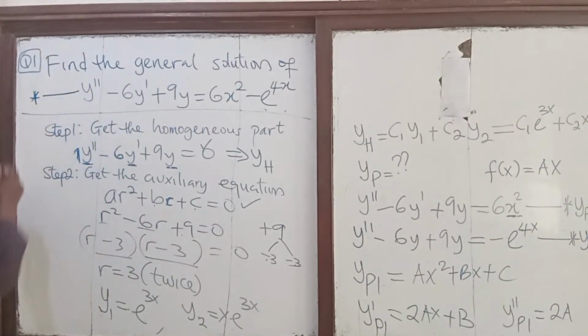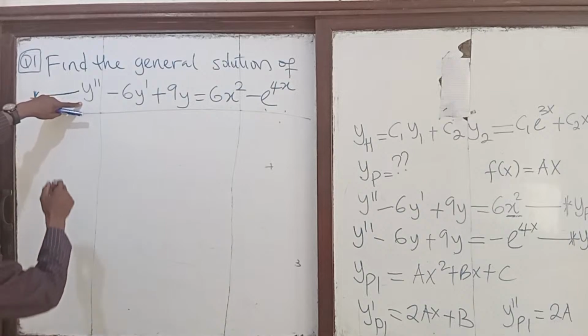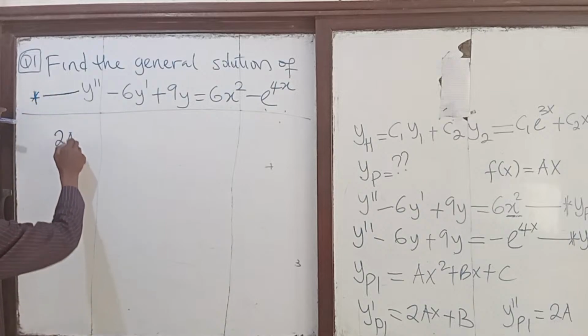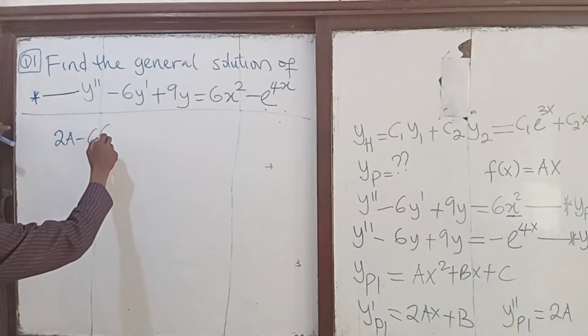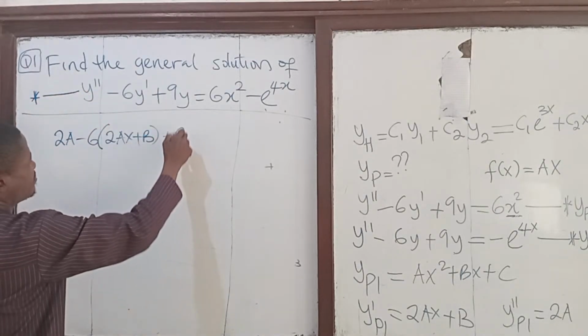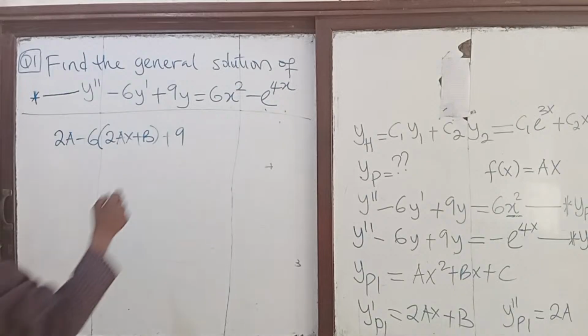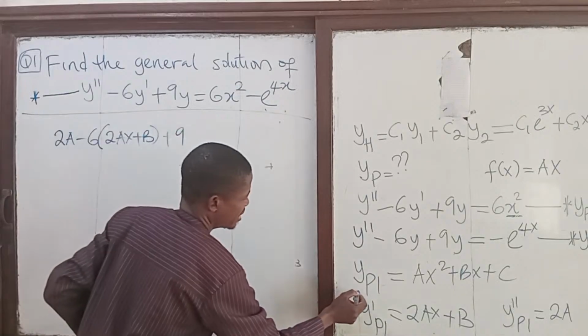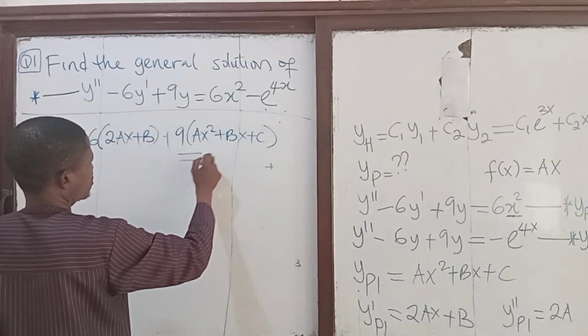We have 2a minus 6 times our first differential plus 9 times our y. My y is yp1, and that is equal to 6x squared.